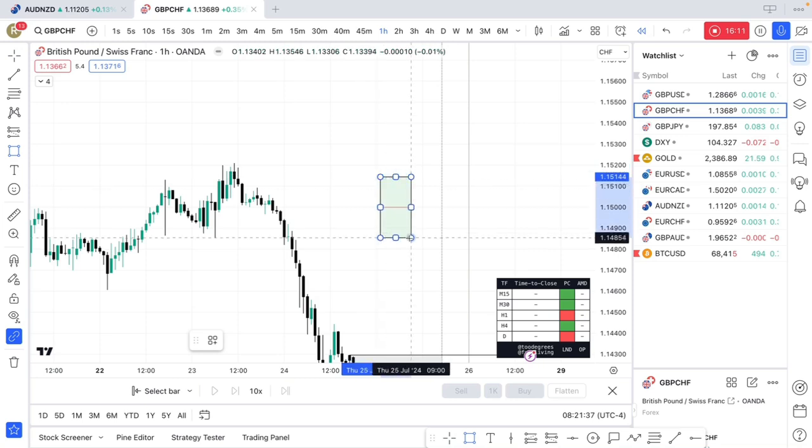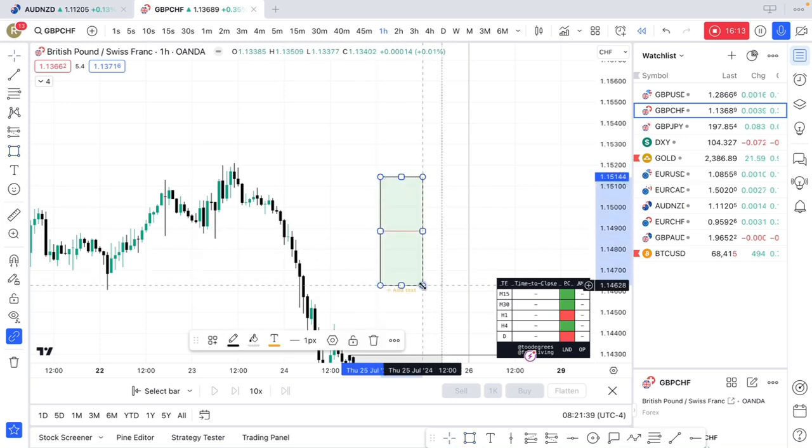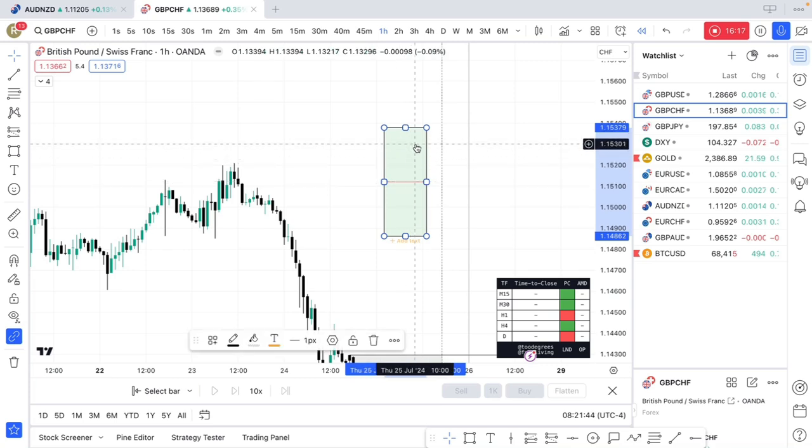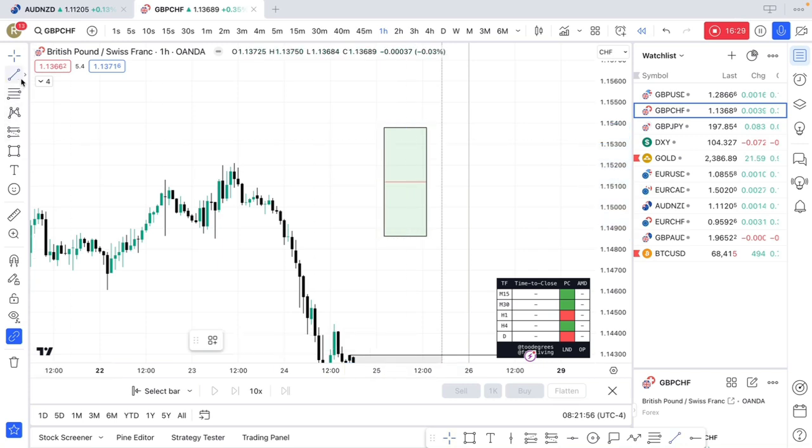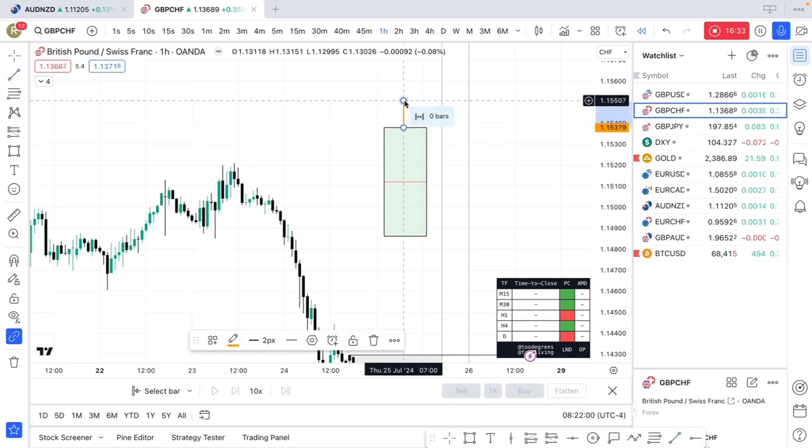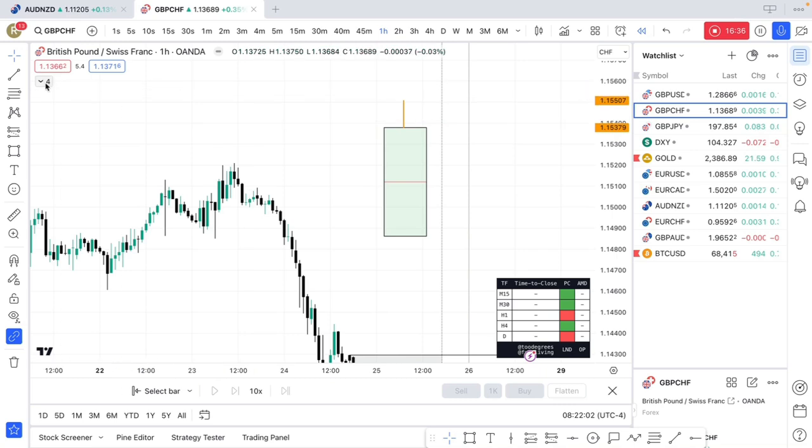The first candle has to create the range. And as I told you, the range is more often created between the 1 a.m., 5 a.m., and then 9 a.m. So this is the first candle that has created the range.